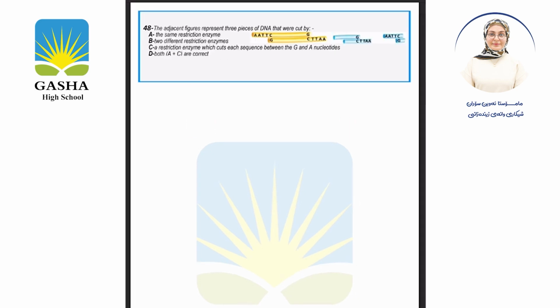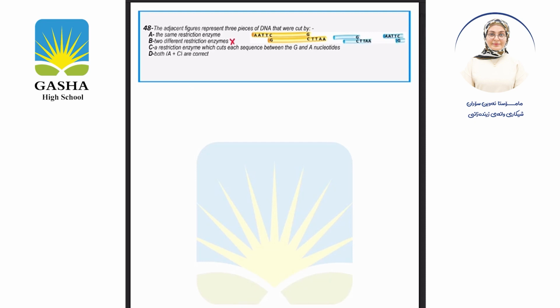Question 48. The adjacent figure represents 3 pieces of DNA that were cut by the same restriction enzyme. A: yes, it's true, because if you look at the end of the cutting, it is the same mechanism that cut it between the G and A. Two different restriction enzymes, no, it is the same, so B is false.